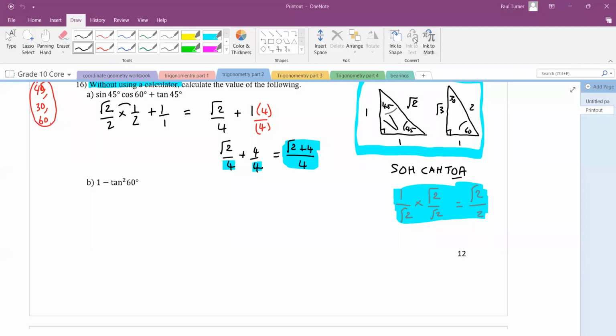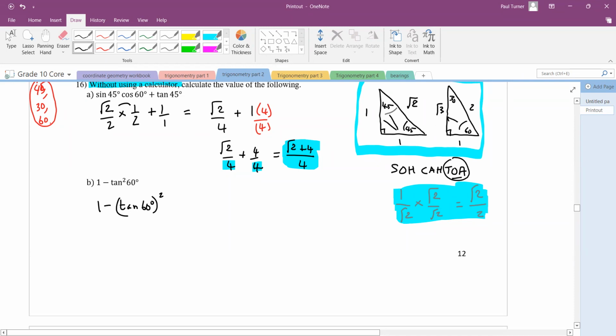So for this question, if you want to avoid confusion, you can rewrite this as 1 minus tan 60 degrees squared. So take tan 60, and tan is TOA. Opposite, root 3 on 1, which is root 3, okay?